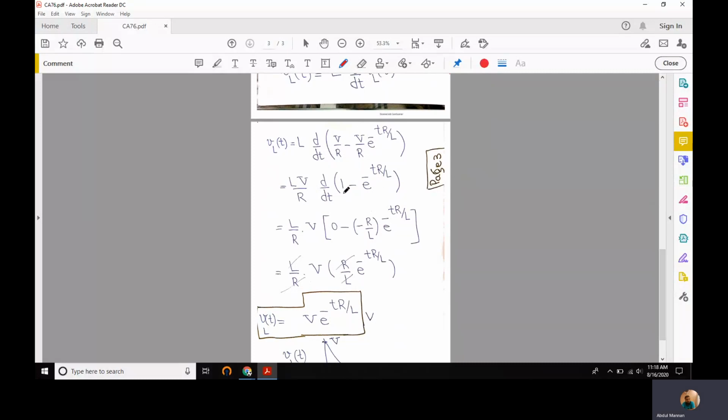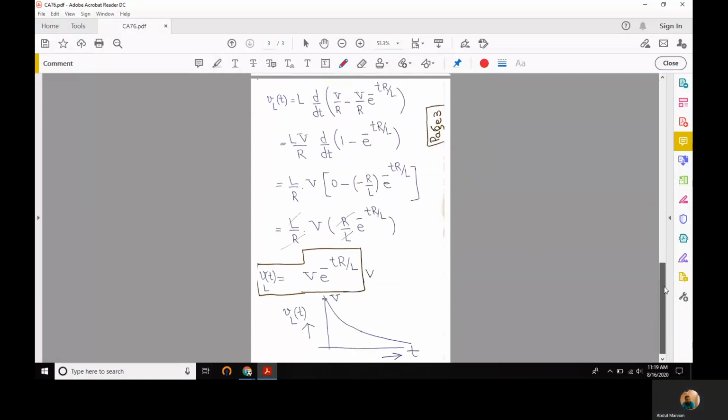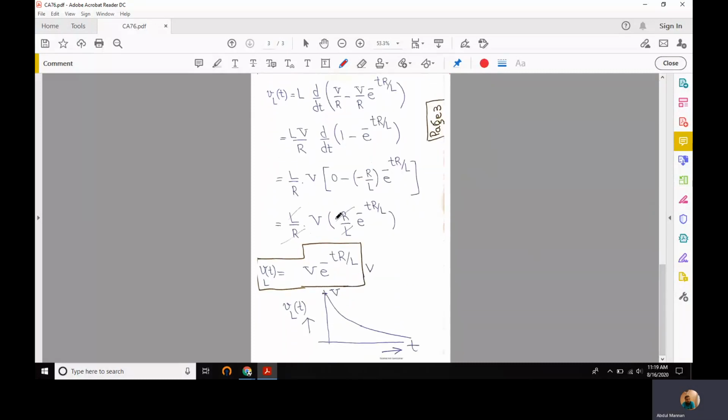Minus the time derivative of this exponential gives this coefficient multiplied, and the exponent is the same as it was. This minus multiplied by this minus becomes plus R over L e to the minus t R over L. This R and this L cancel and we are finally left with V sub L of t equals V e to the minus t R over L volts.